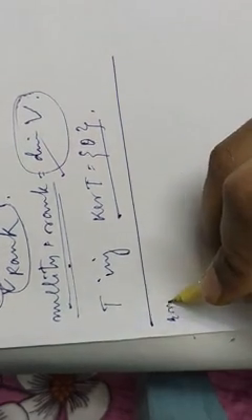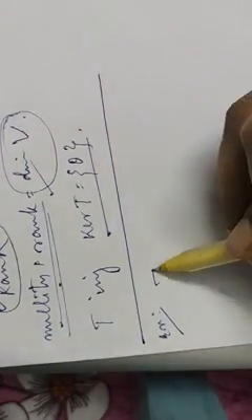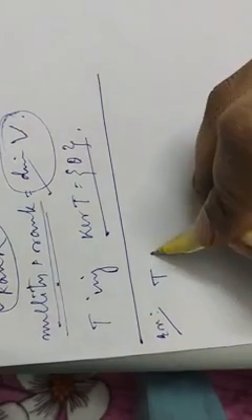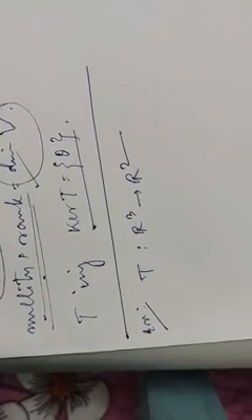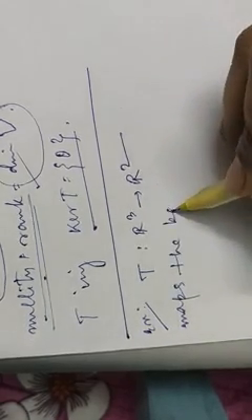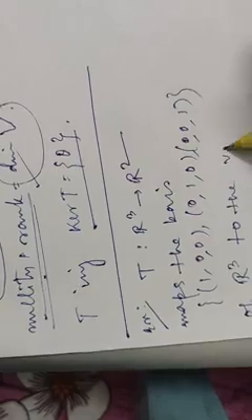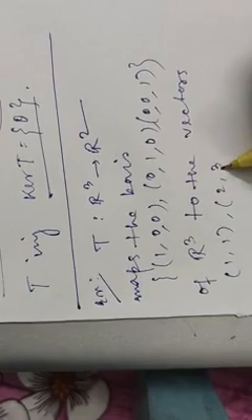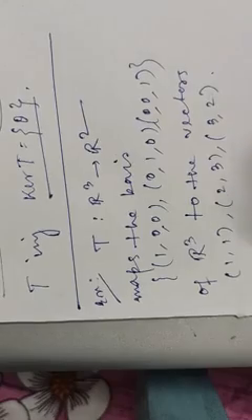So the question is, determine the linear mapping T from R cube to R square, which maps the basis (1,0,0), (0,1,0), (0,0,1) of R cube to the vectors (1,1), (2,3), (3,2) respectively.